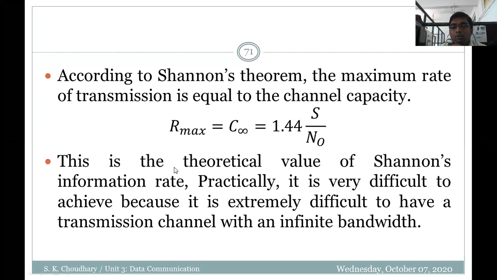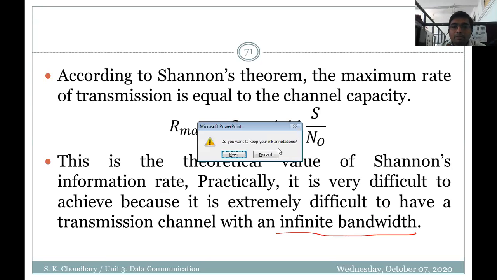This is the theoretical value of the channel information rate. Practically, it is very difficult to achieve because it is extremely difficult to have a transmission channel having infinite bandwidth. Practically, there is no chance that we have infinite bandwidth.